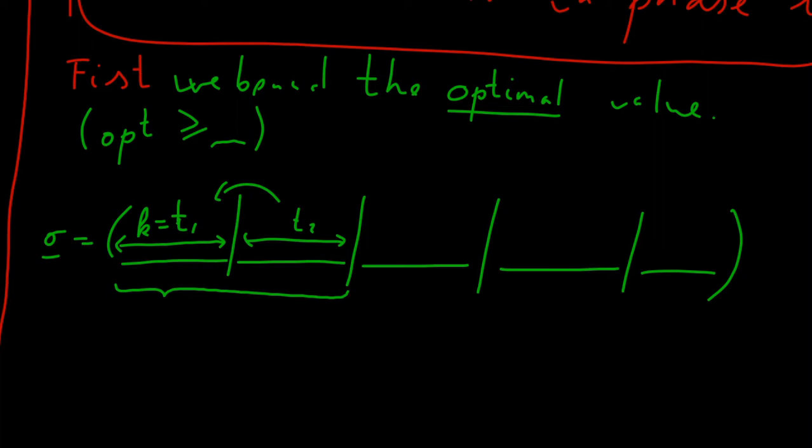which means that for this 2-phase long part there are, say, T1 plus T2 different elements. So in this case there are k plus T2 different elements because these T2 elements are exactly called new because they are not contained here.